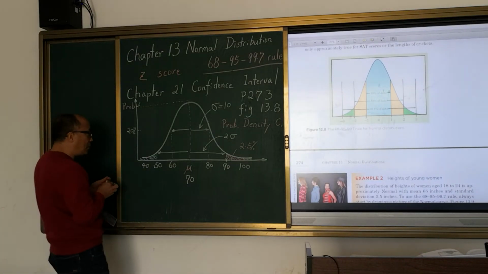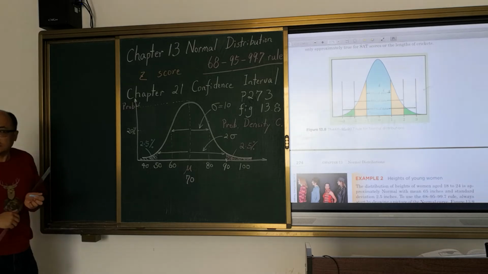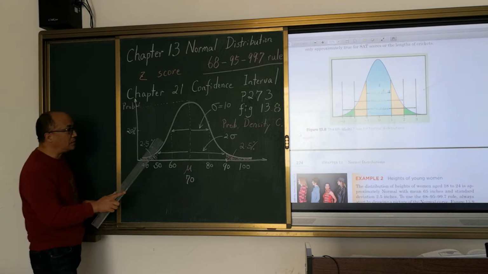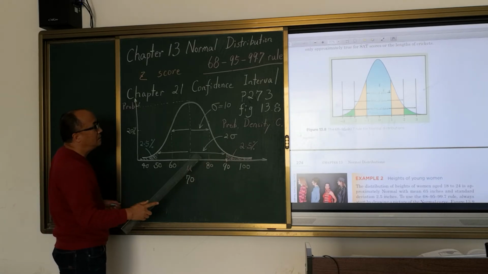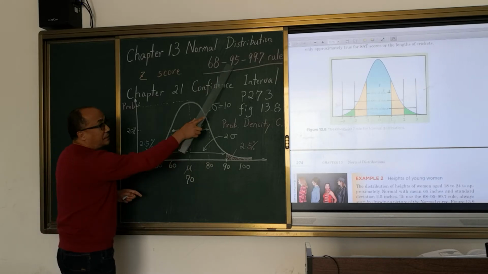Here is another 2.5%. This is 2.5, this is 2.5, total is 5%, and this is 95%.